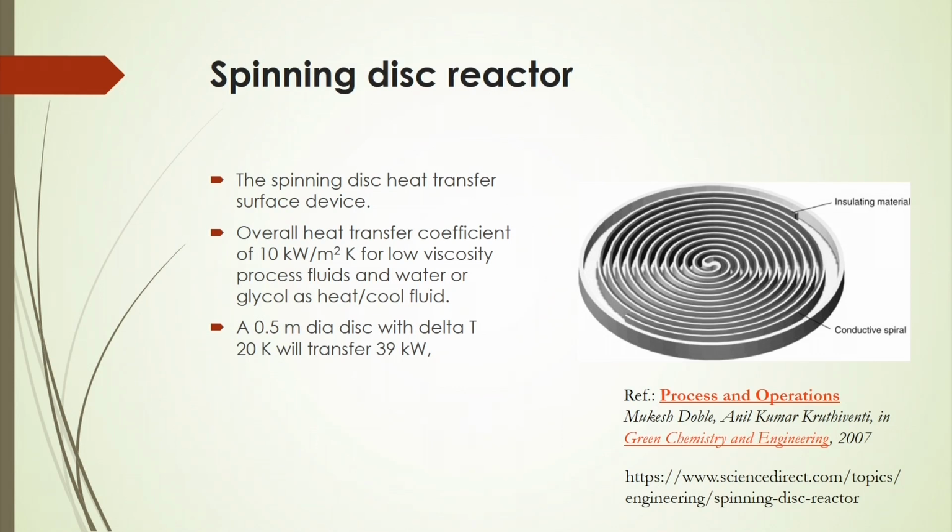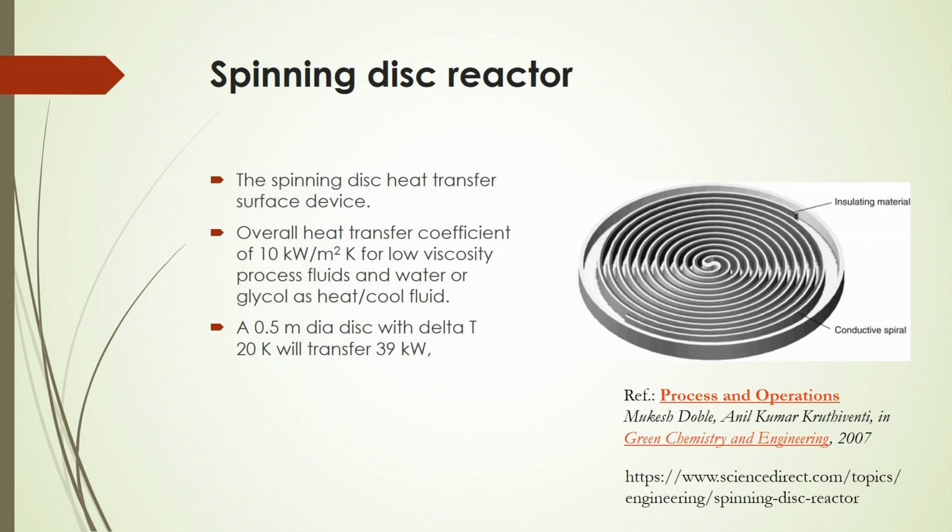This is a spiral reactor, and here through the channel there is flowing of cooling liquid, transferring heat from the higher heated element to the lower heated element. So, the heat transfer from the higher temperature to the lower temperature can be done by this spinning disc reactor. Very interestingly, a secondary flow is produced, which gives more transfer processes there.